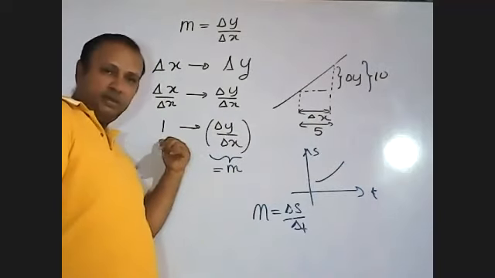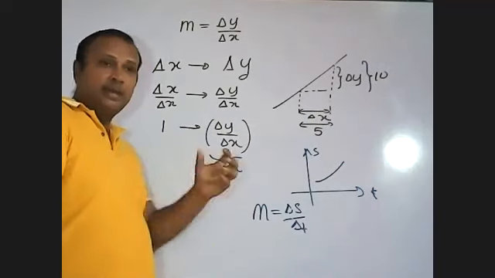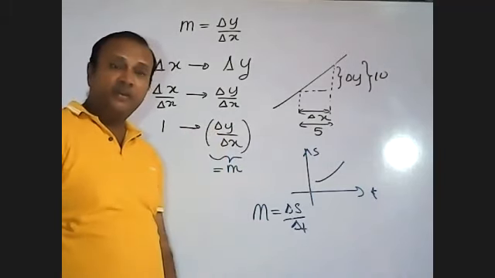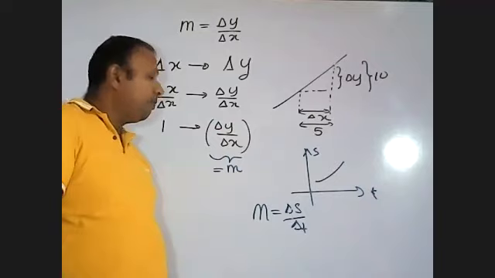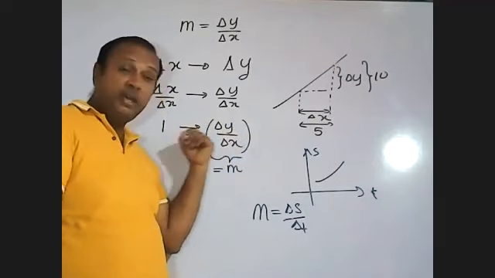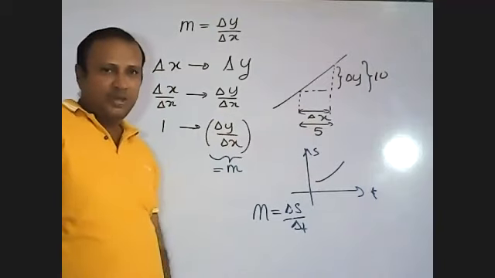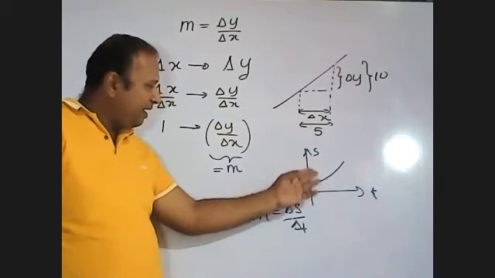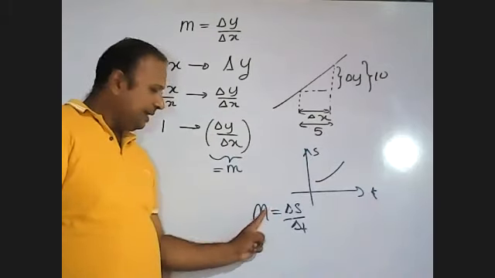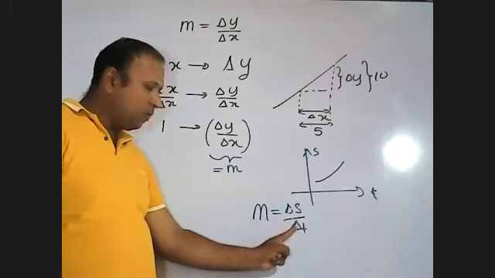According to this definition, the gradient is the difference in y value for a unit change in x value. If I apply this definition to a straight line, m is equal to delta S over delta t.